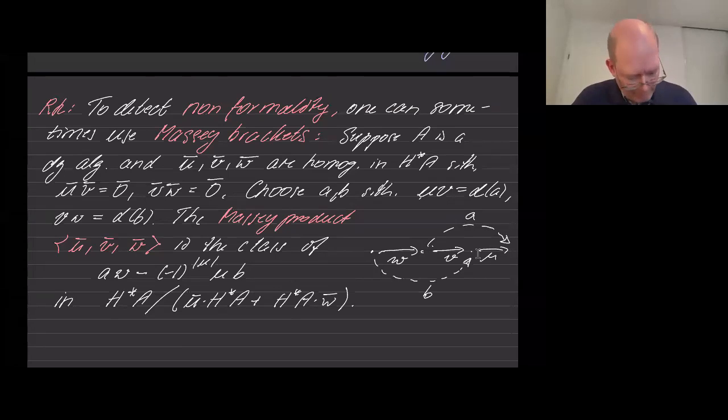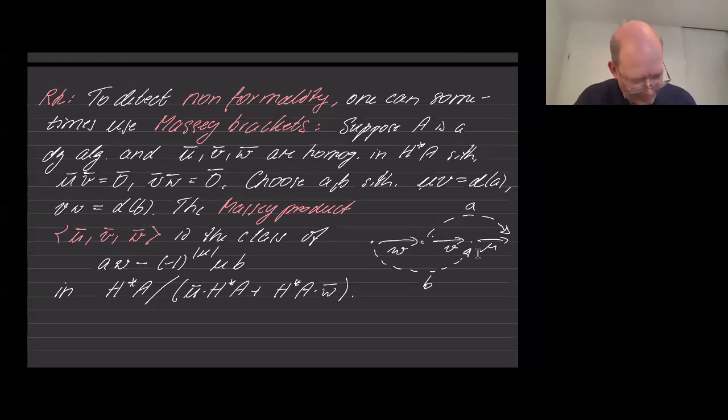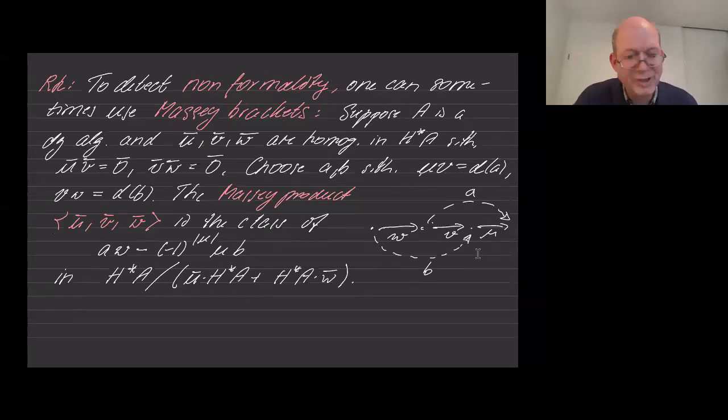Okay. And so I claim that non-vanishing of such a Massey product yields non-formality of the algebra.